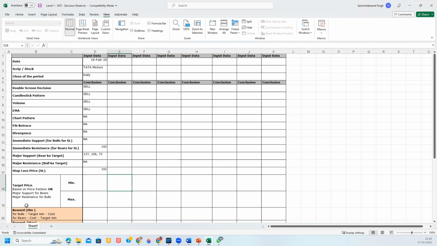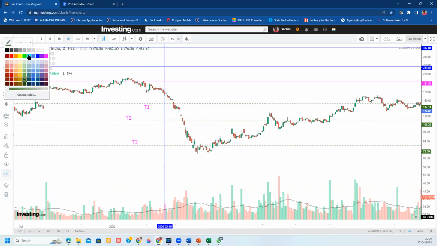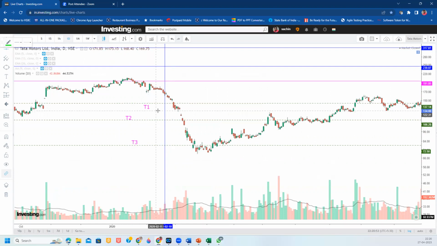So in this example, we have only one option: depending on the major support, we have the target, and the minimum target we are getting is T1. T1 is the minimum because it's a falling market. Suppose we are taking the trade somewhere in this candle. Let's see what the value is. Because it's a daily candle, I'll take some intermediate price point, around 158.